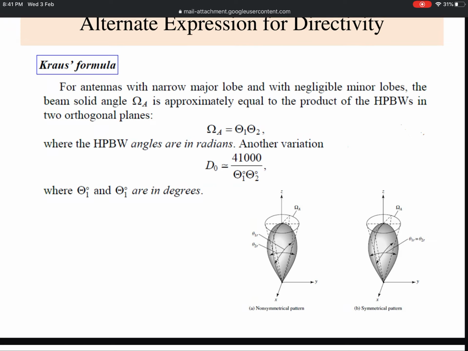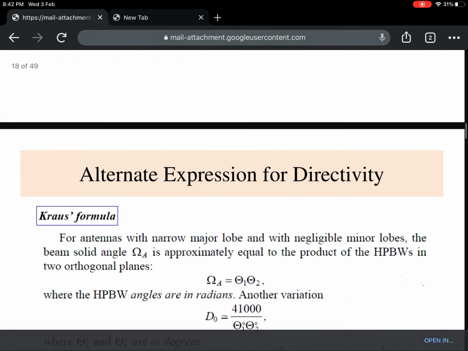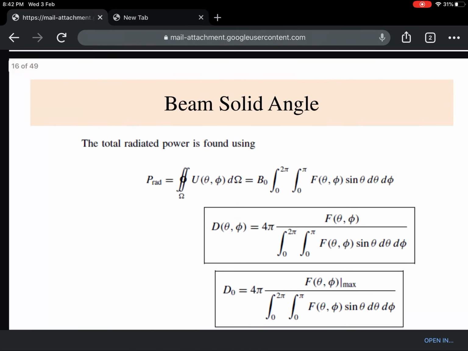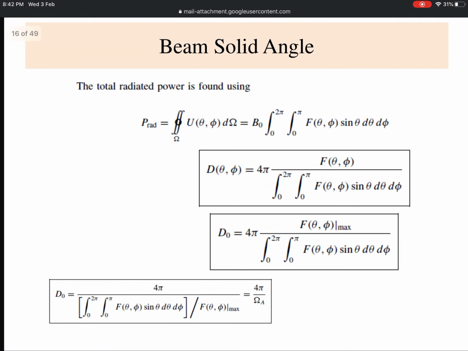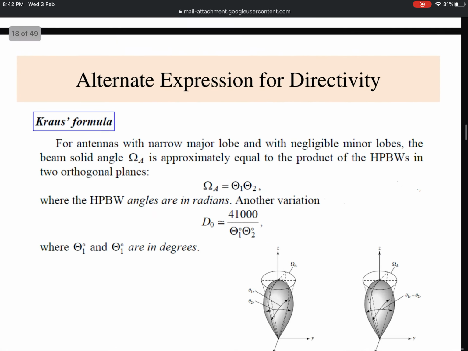The way I have defined the directivity, there are a few other ways to calculate the directivity. The way I calculated the directivity just now is the approach from first principles, which needs access to the radiation intensity function, which is quite obvious. In the expressions just now, whether with the beam solid angle or the directivity, the starting point is U(theta, phi), the radiation intensity.